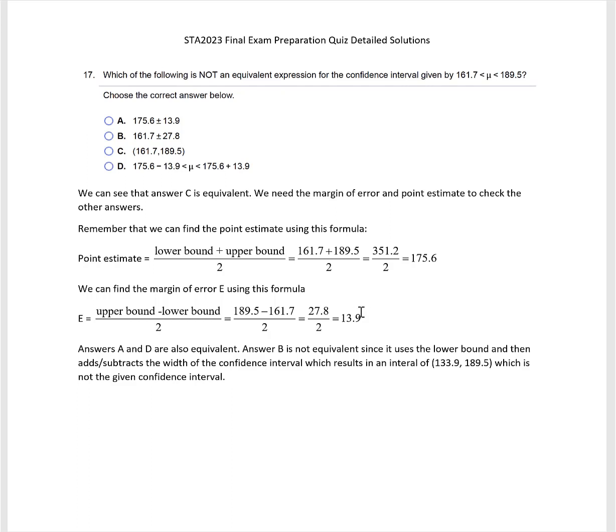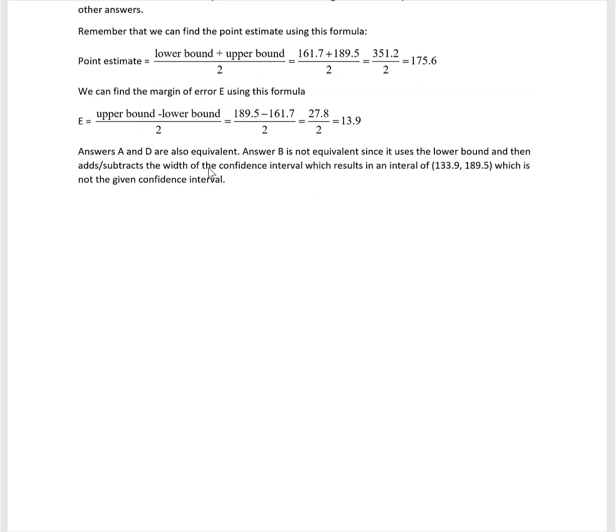Then I'm going to find the margin of error the same way, upper bound minus lower bound over 2, and I see that it's 13.9. So choice A is an equivalent expression. Choice C is also an equivalent expression, and choice D is an equivalent expression. The one that is not is B, because it starts with the lower bound and then it's adding or subtracting the length of the confidence interval, which is not what we're looking for.